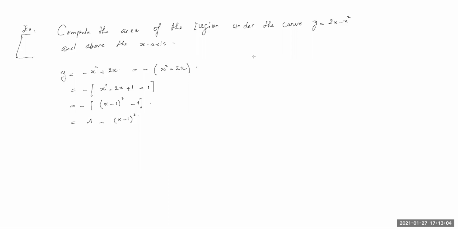Normally I have the basic curve, which is the parabola. Here it is: y equals x squared. Now to get x minus 1, I need a horizontal translation.